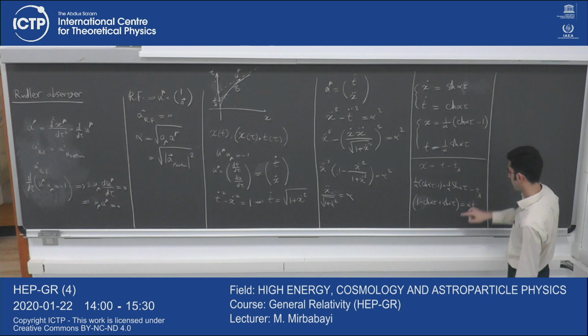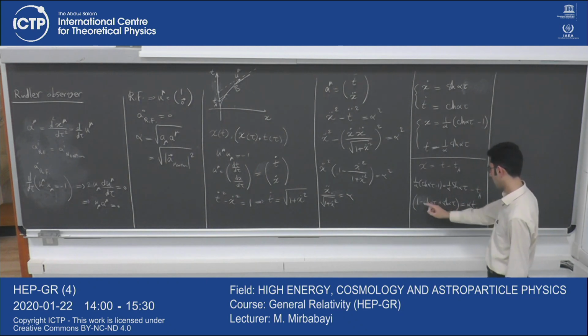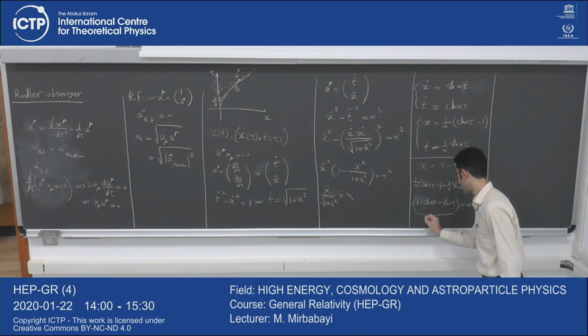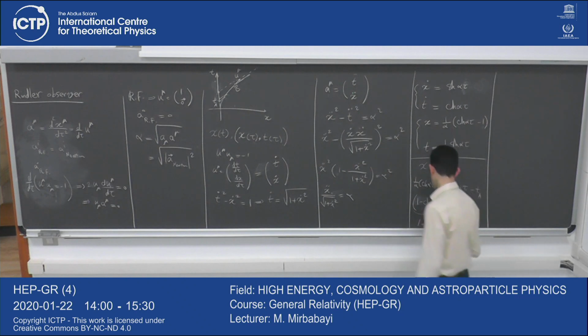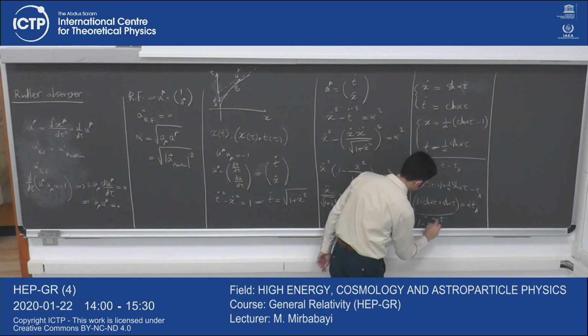And therefore, this difference, cosh alpha tau minus cosh alpha tau plus sinh alpha tau, this whole thing is 1 minus e to the minus alpha tau.